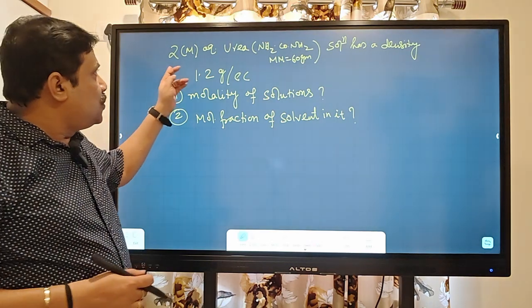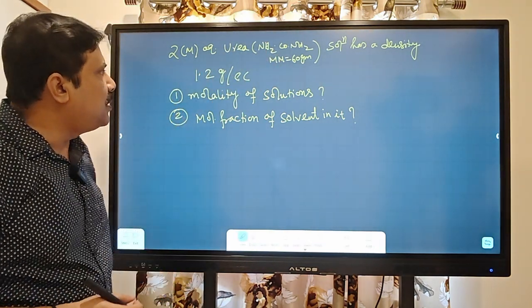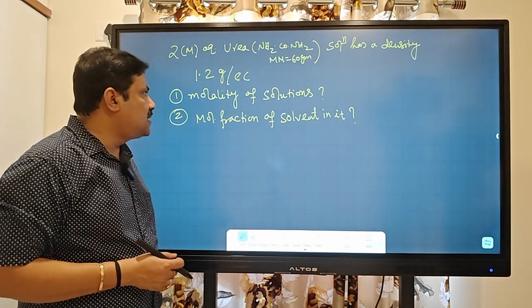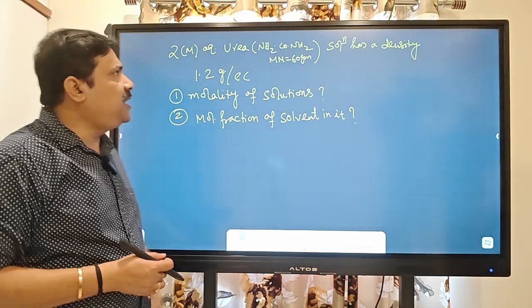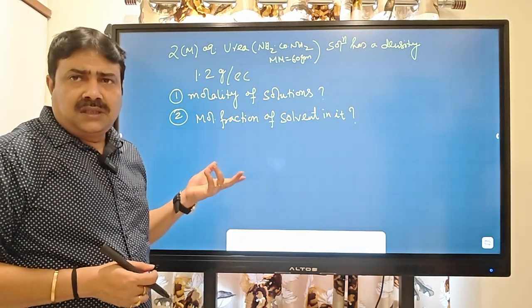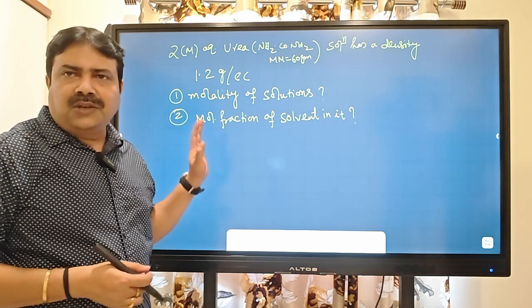Now the 2 molar aqueous urea solution has a density of 1.2 gram per cc. The first question is molality of the solution, the second is mole fraction of solvent in it. Solvent is water, urea is the solute, and together they make a solution. This is clear to me.